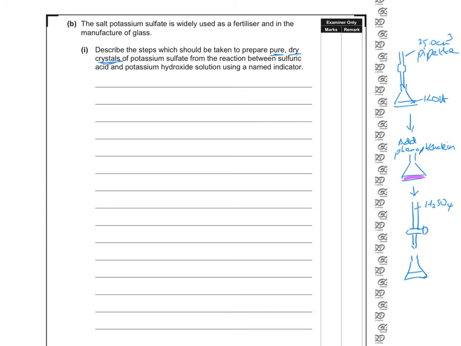So here we've now got our solution of potassium sulfate, but it contains indicator, and we've been asked to prepare pure crystals, so we need to get the indicator out of it. Now there are 2 ways you can do it. You can either look at the reading on the burette and repeat the experiment without the indicator, or you can add some charcoal, and the charcoal removes the indicator.